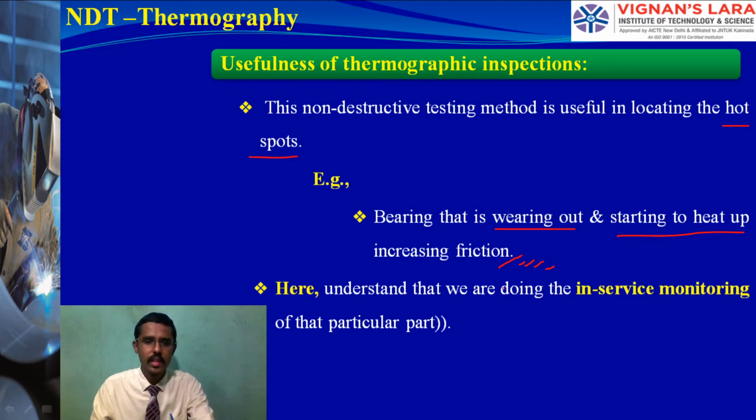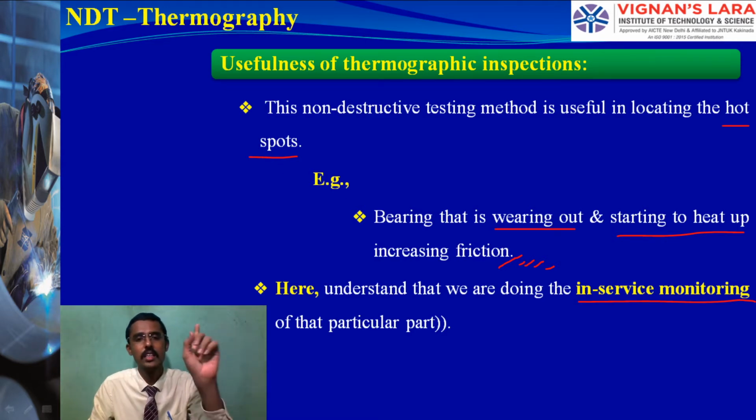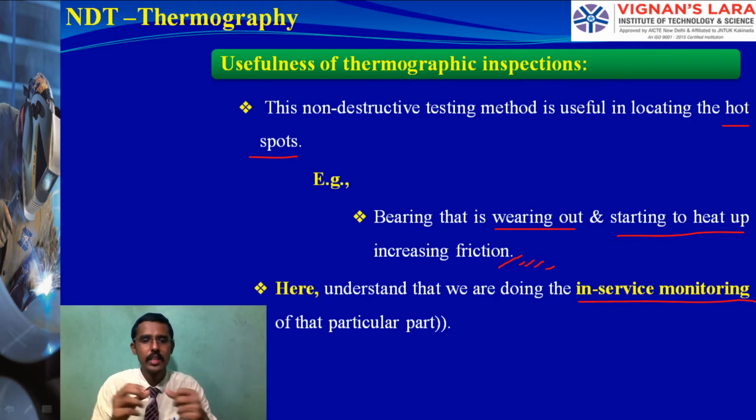Here, understand that we are doing some in-service monitoring also, not only fabrication. We have created the bearing, but at the same time it is going to wear out in in-service conditions, where in the plant it is installed and then started to work. That is in service. During that time friction is created and heat is generated.